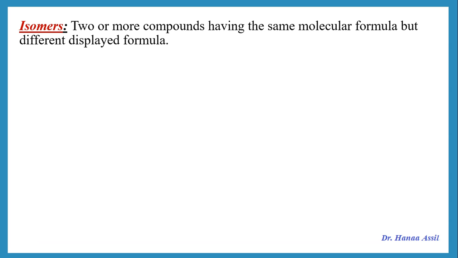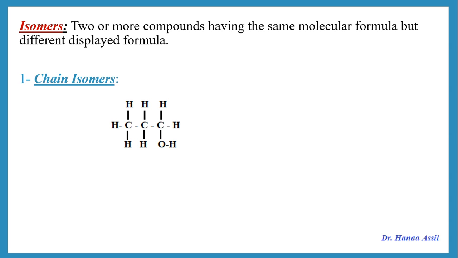Now let's apply all of this to drawing isomers. You should remember isomers are 2 or more compounds having the same molecular formula but different displayed formula. So we said there are different types of isomers. I could have chain isomers in which I am changing something in the chain.